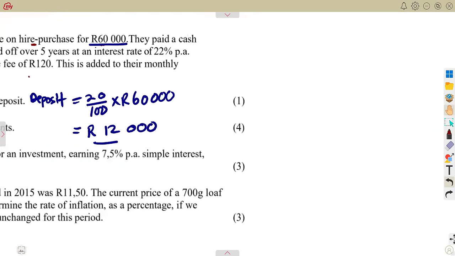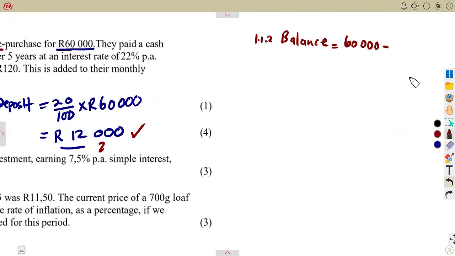All right, that's 1.1.2. So this is what you need on a hire purchase. When they paid a deposit of 12,000, there is a balance which is going to remain from the total of 60,000. We subtract the deposit which was paid, which is 12,000.